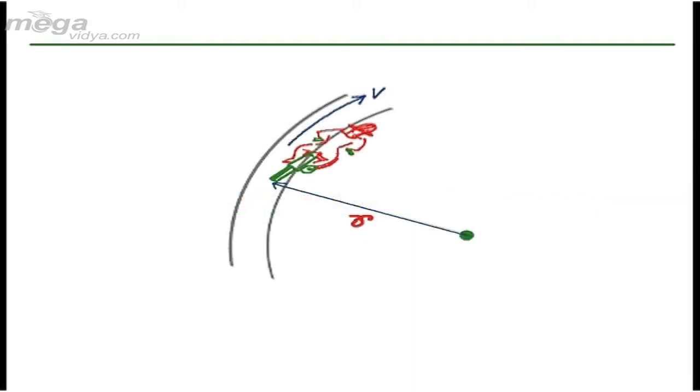Let us consider a bike is moving with velocity v on a circular track at the place where the radius of curvature of the road is small r.